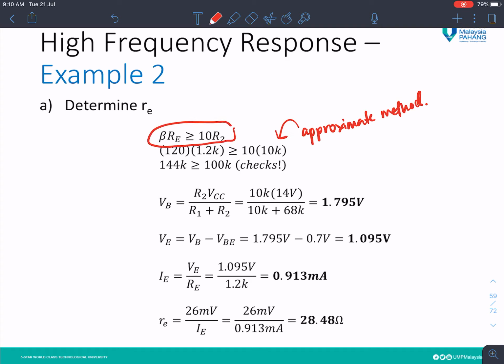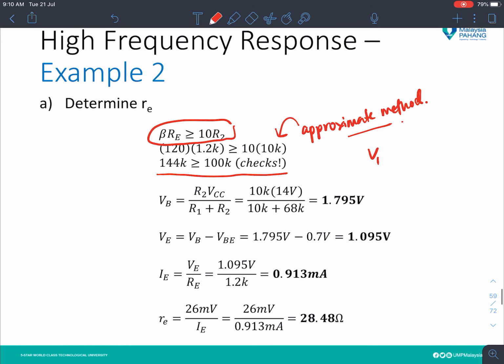Beta RE now is 144 kilo ohms and 10 times R2 is 100K. So this condition is satisfied, which is beta RE greater than 10 times R2. So I can use the approximate method in this voltage divider circuit, which means VB is equal to VTH.